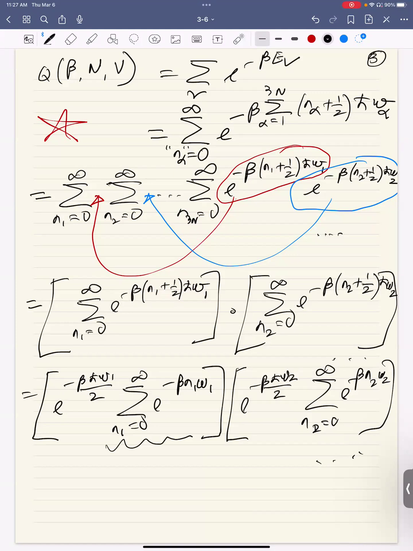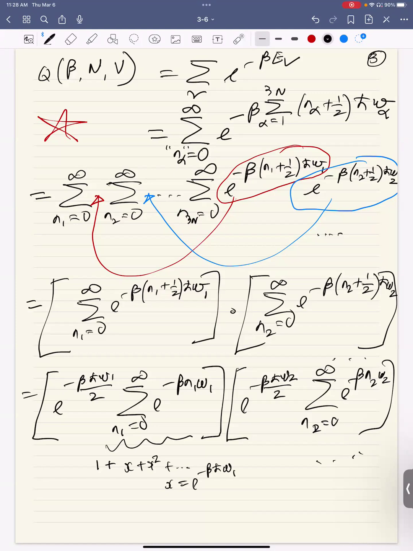Notice this one. When n1 is equal to 0, this is 1, right? E to the power 0 is 1. So this is of the form 1 plus x plus x squared till infinity, with x equal to e to the power minus beta h cut omega 1.